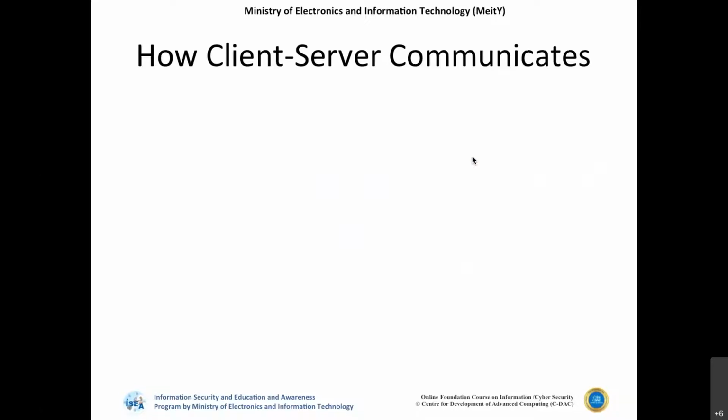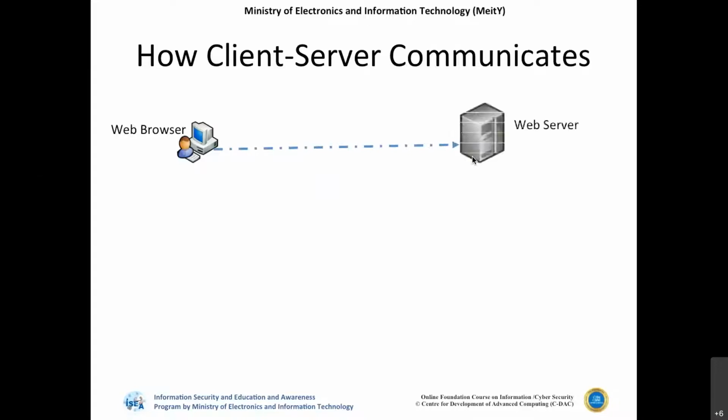Now we look at how client and server communicate. In the client, let us take an example where you are using a web browser. You may want to access a website using your browser, so it always sends a request to the web server.